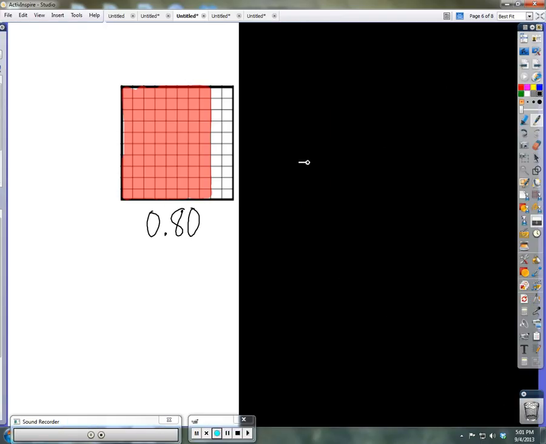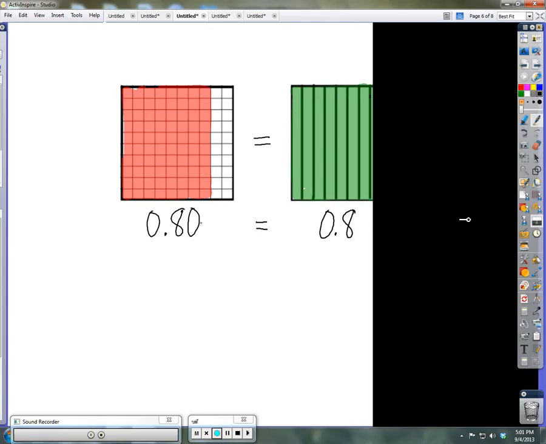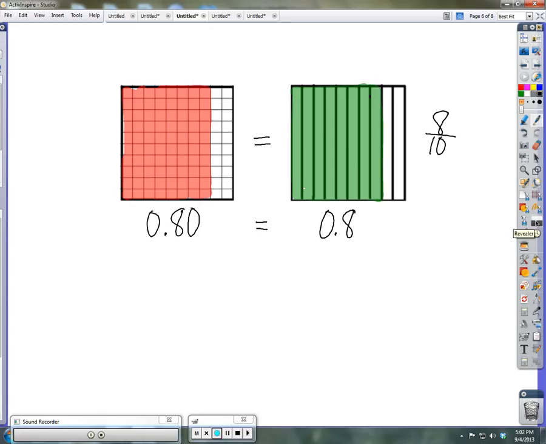Well, this time my original decimal number had a 0 on the end of it. To create an equivalent decimal, all I had to do was take the 0 off of the end of the number. So 80 hundredths is equivalent to 8/10. And basically, in a nutshell, that's all you have to do.